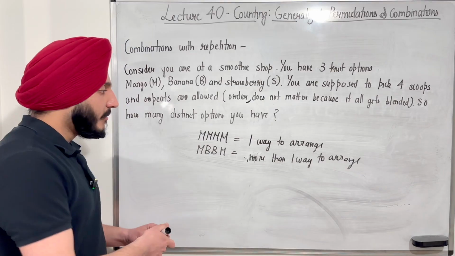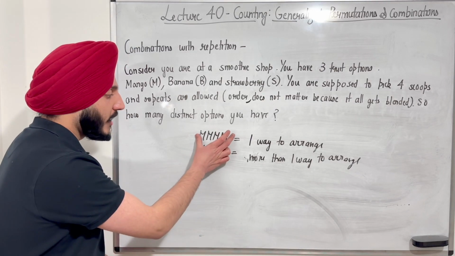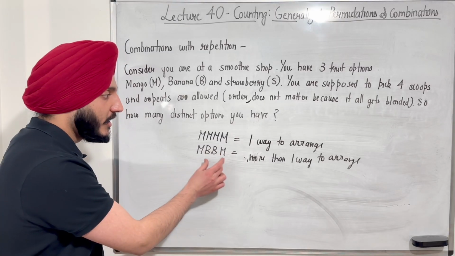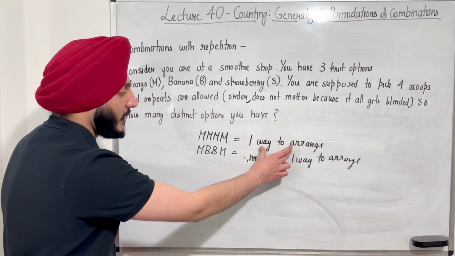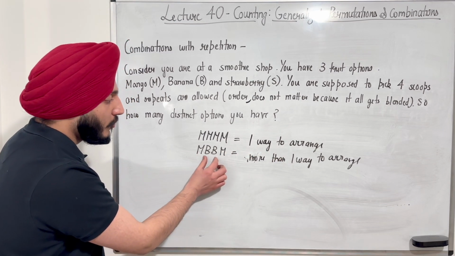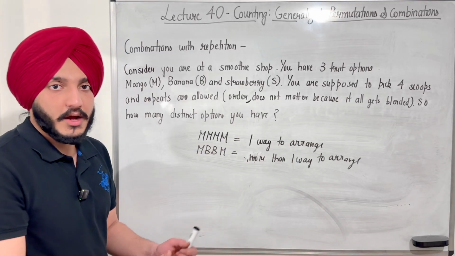So the problem is that in a different sequence that I choose, if I choose 4 mangoes versus 2 mangoes and 2 bananas, they result in different numbers of ways to arrange. 4 M's can only be arranged one way. 2 M's and 2 bananas can be arranged in more than one way. I don't know the exact number, but it would be different.